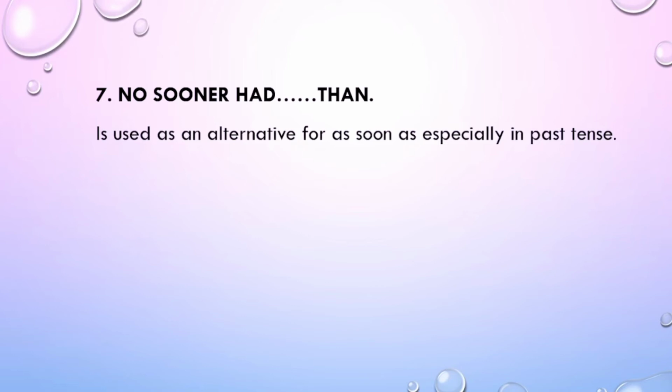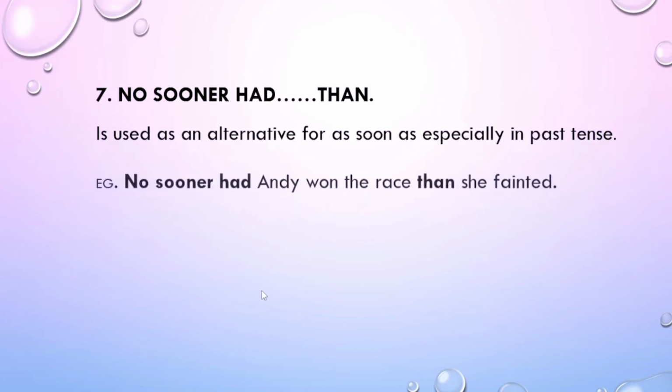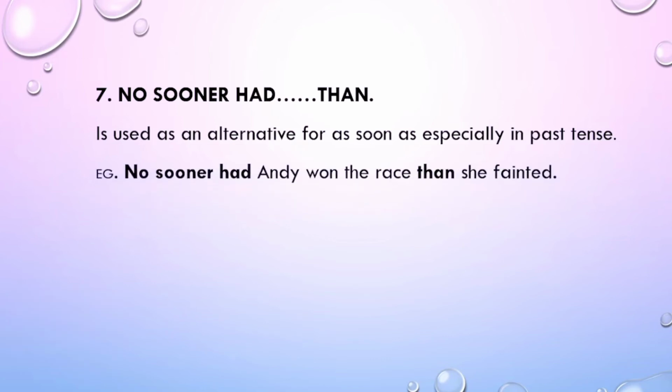So we use no sooner had dash dash done as an alternative for as soon as, especially when we are talking about the past, things that happened in the past. For example, have you seen there where I had put as soon as, I've just put no sooner. Now this is showing that this has now gone to the past. No sooner had Andy won the race than she fainted.